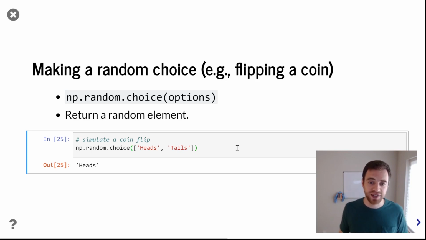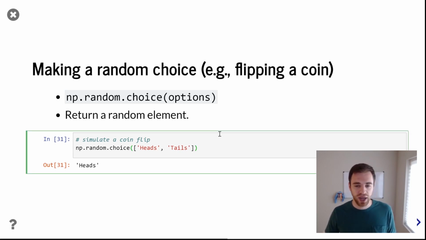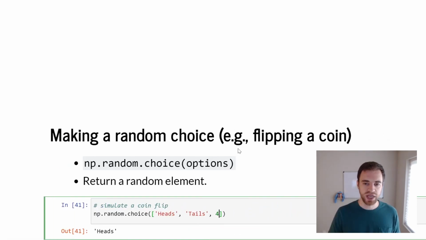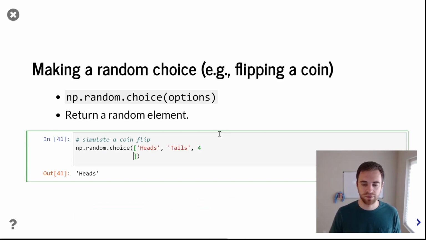Sometimes you see a lot of heads, but it is a fair coin here. Now you don't have to have only two outcomes. You could also add a third outcome here. You could have as many outcomes as you'd like.